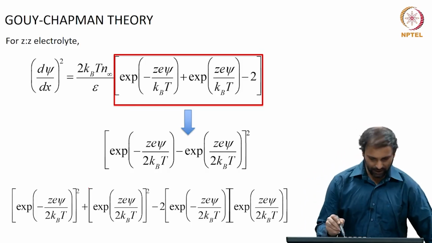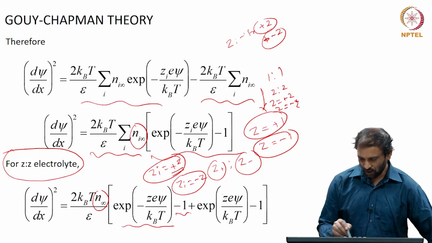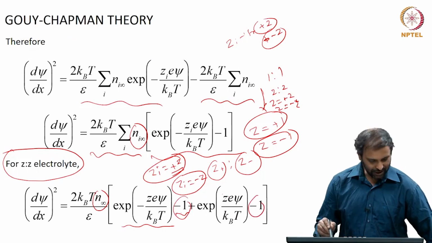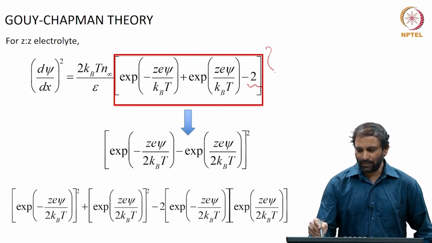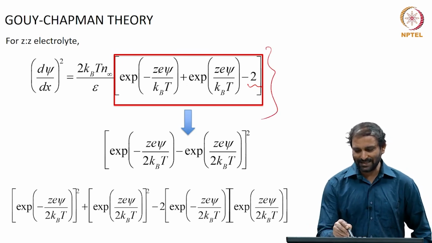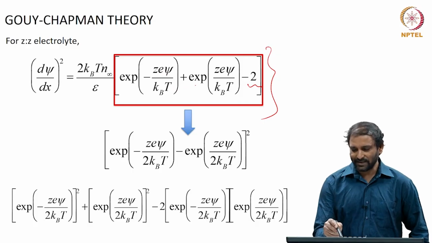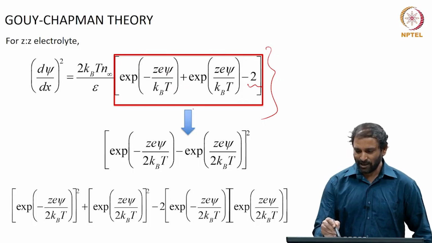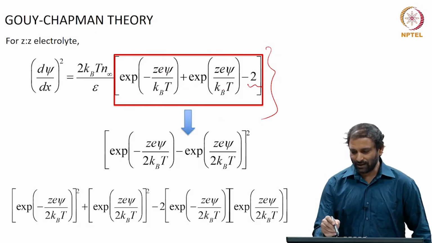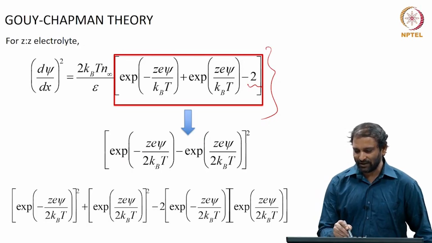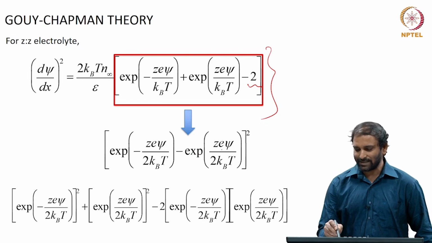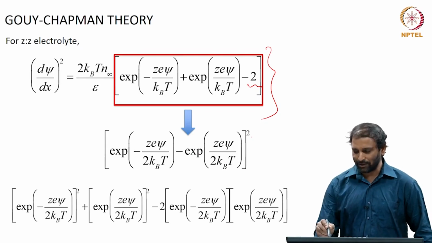So this is what we had earlier. There's minus 1 here and minus 1, that becomes minus 2, and in the parenthesis you have exponent of minus Zeψ divided by kBT plus exponent of Zeψ by kBT. You can write this as exponent of minus Zeψ divided by 2kBT minus exponent of Zeψ divided by 2kBT, whole square.